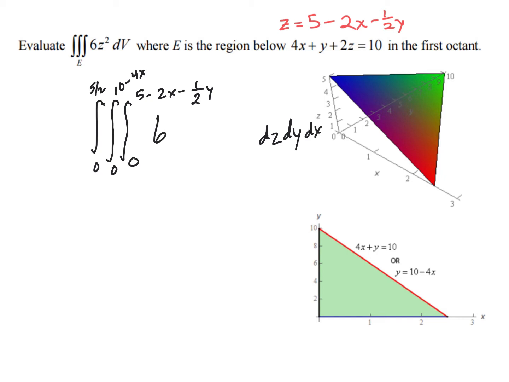So my antiderivative with respect to z, raise the power and divide, I got 2z cubed, and I plug in this big thing here, and I plug in 0. I'm going to write it down here so I can write the integral sign right after it.